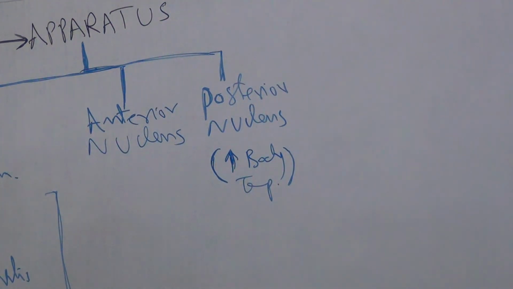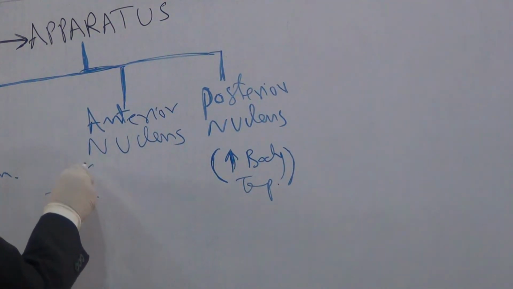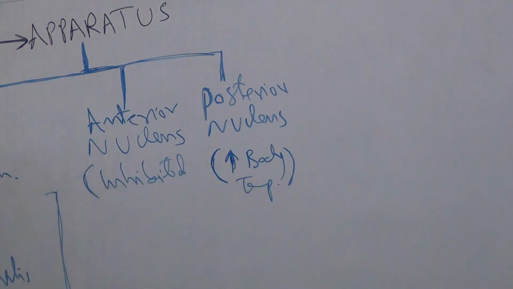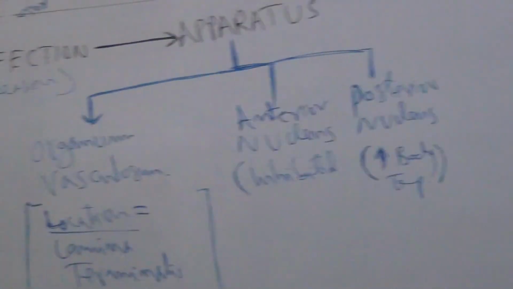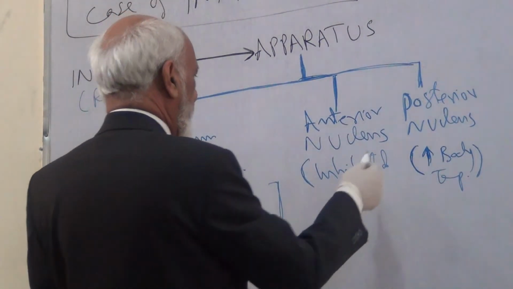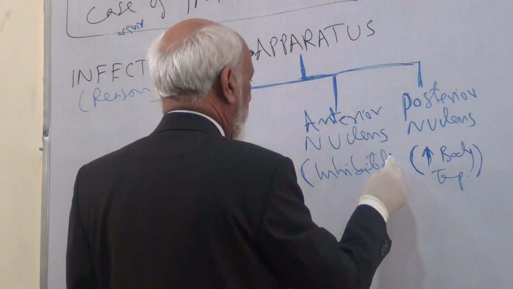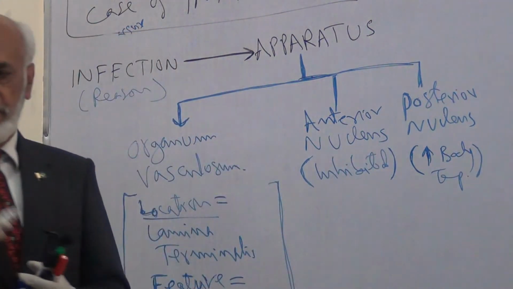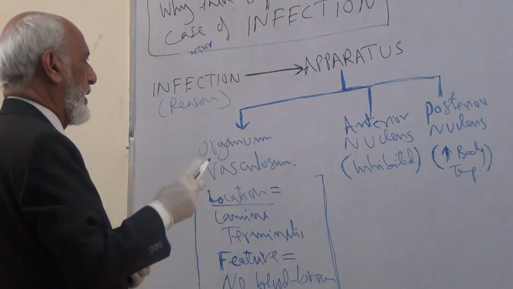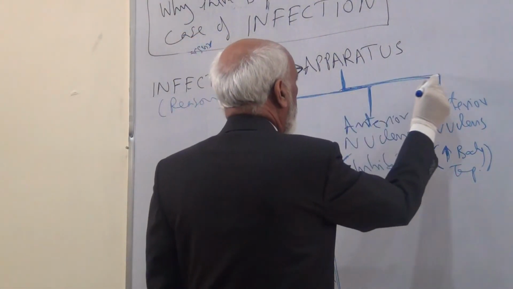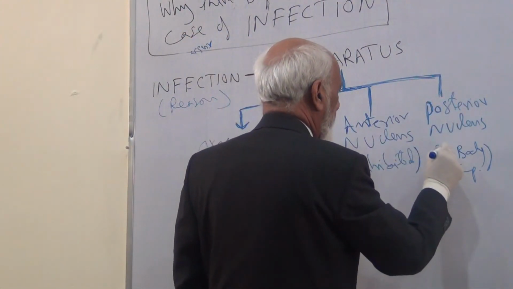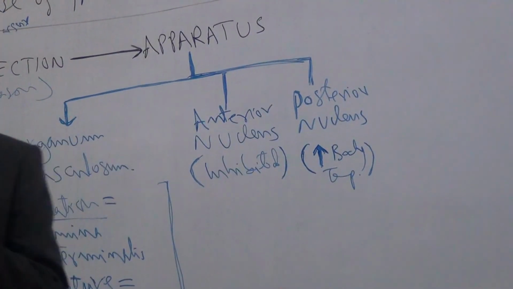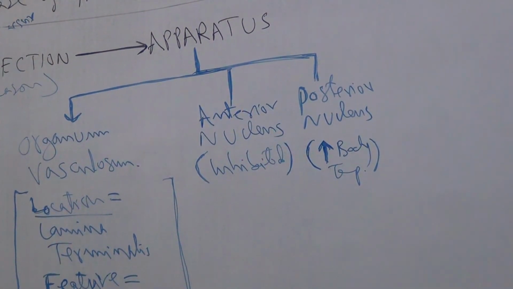And the anterior nucleus drops the body temperature, but it is inhibited, because as I told you, the toxin comes in contact with its dendrites. Therefore, body temperature will not be reduced. The posterior nucleus is active, it is stimulated when the anterior nucleus is not working. Therefore, body temperature will rise.